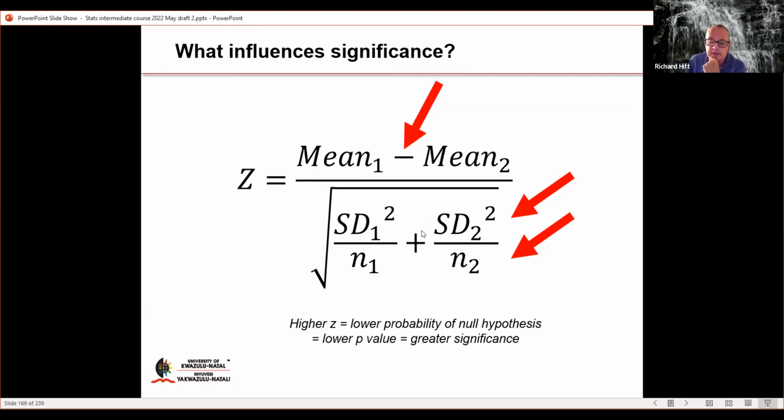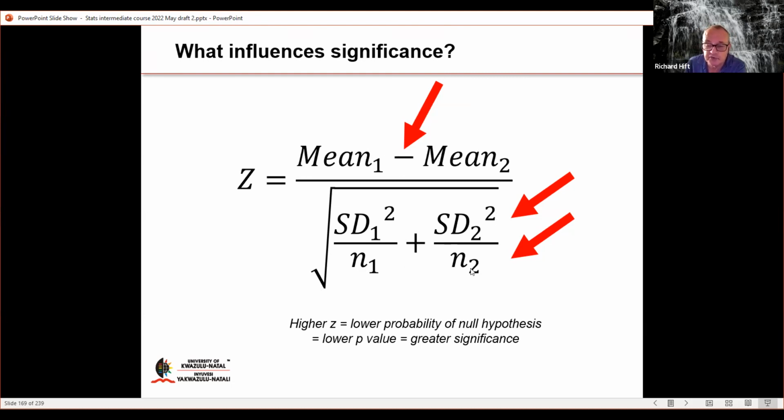For example, 8 divided by 2 is 4, but 8 divided by 16 is only 0.5. So the smaller this total number down here, the better for significance. And that we can do by making a smaller standard deviation, which means that your data points are less spread out around the mean. But now there's a third way we can determine what Z is going to be.